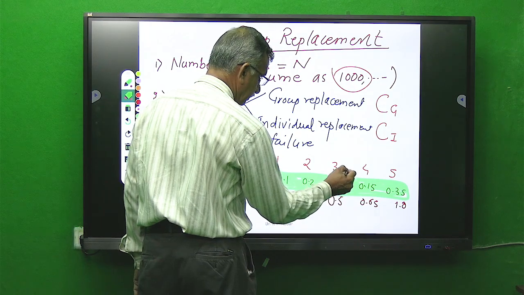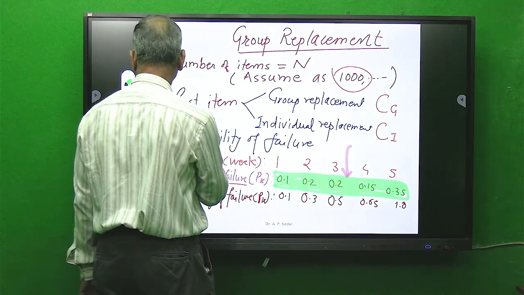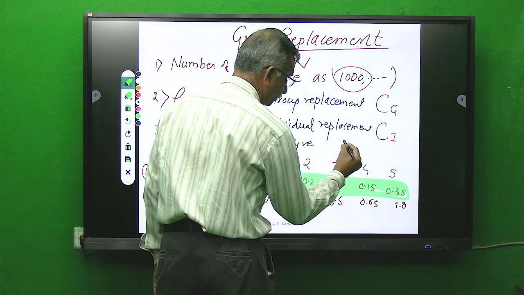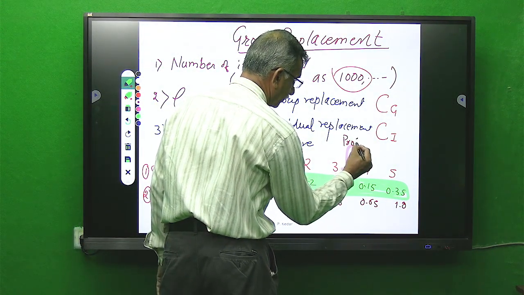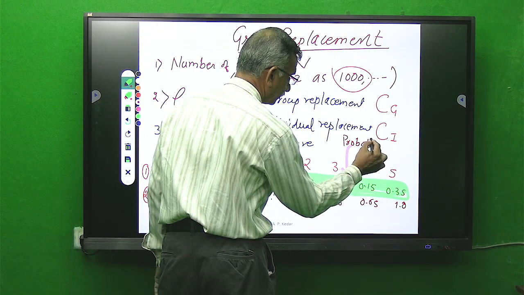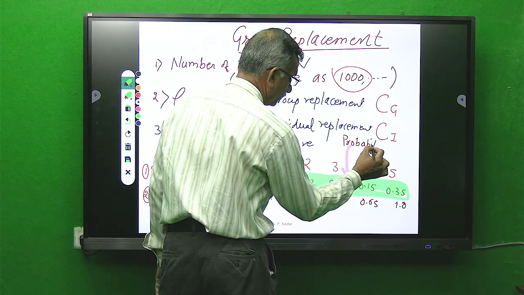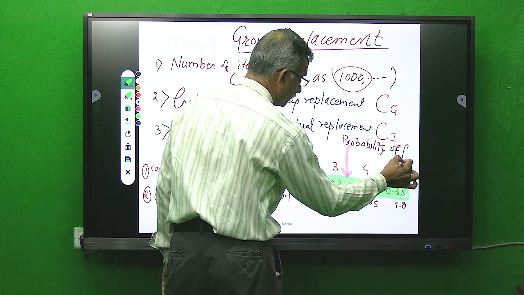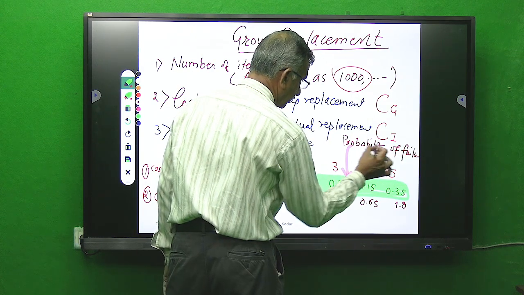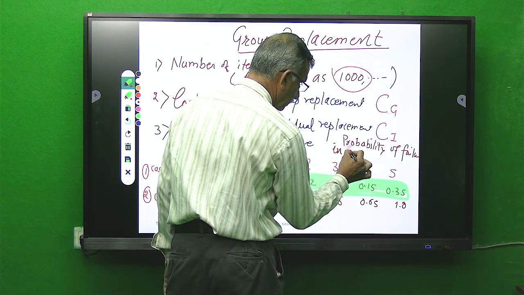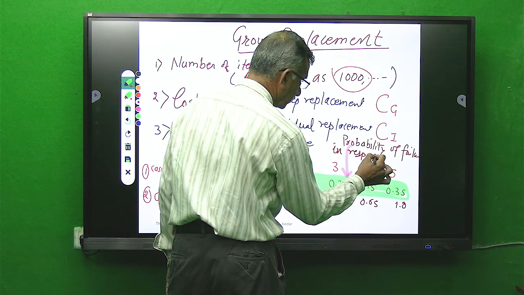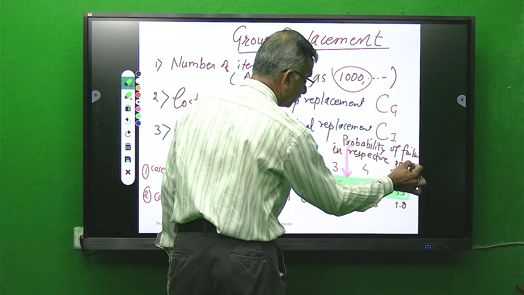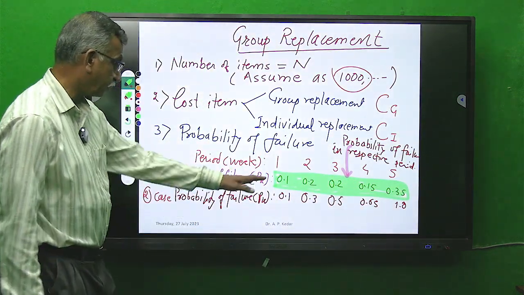This indicates probability of failure in respective period. We want probability of failure in respective period, therefore I have highlighted.